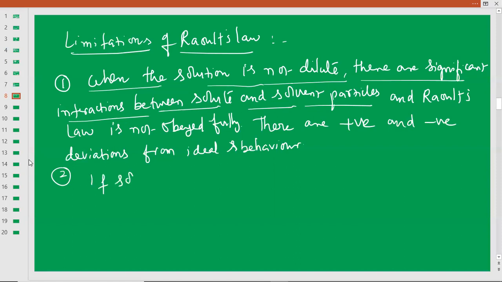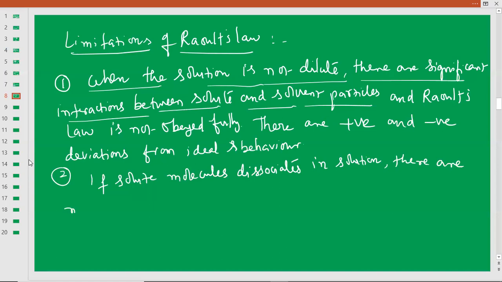Another one, if solute molecules dissociate in solution, so what will happen? There are more particles. There are more particles, means ions also will come, right?